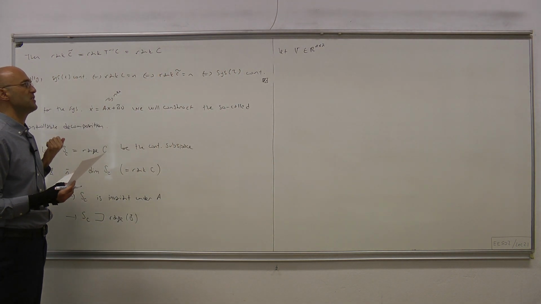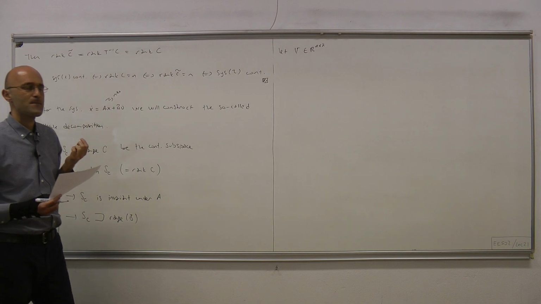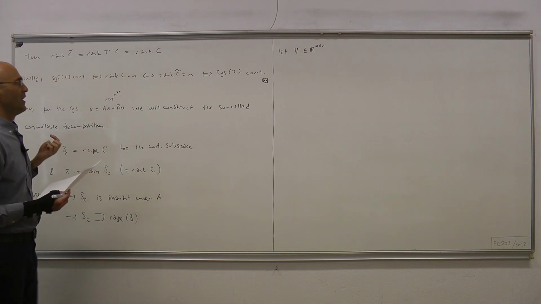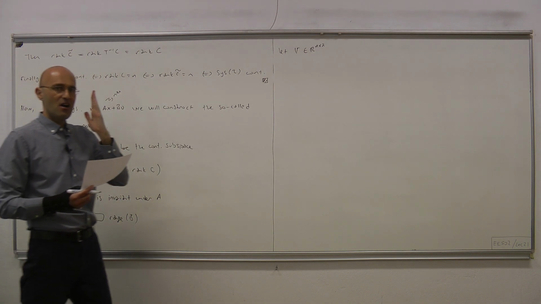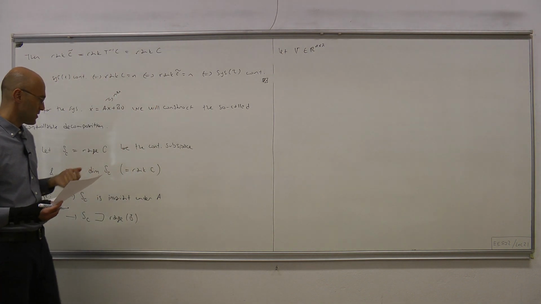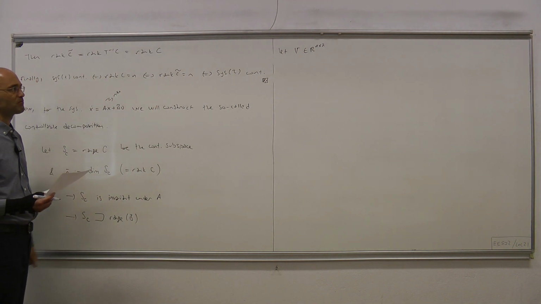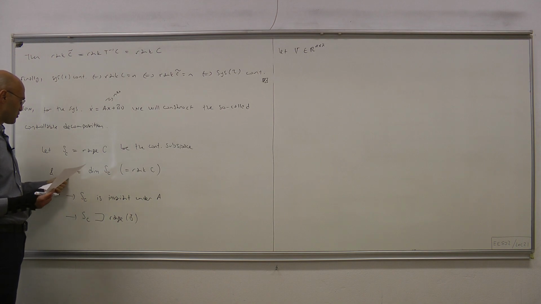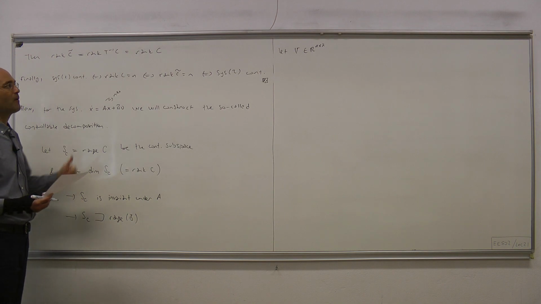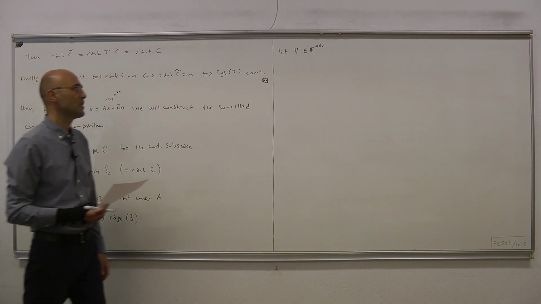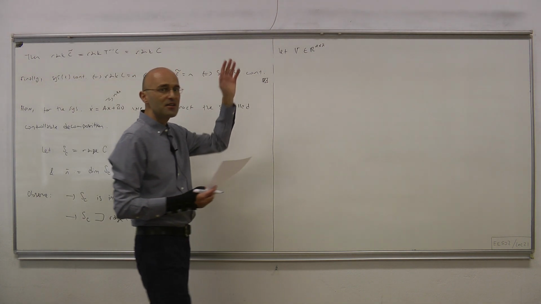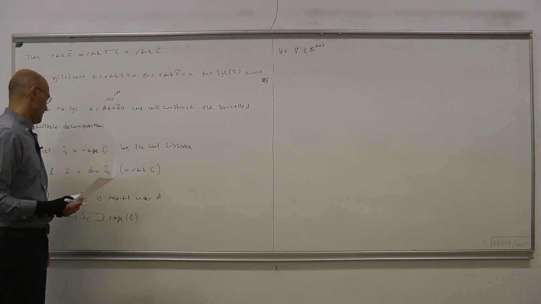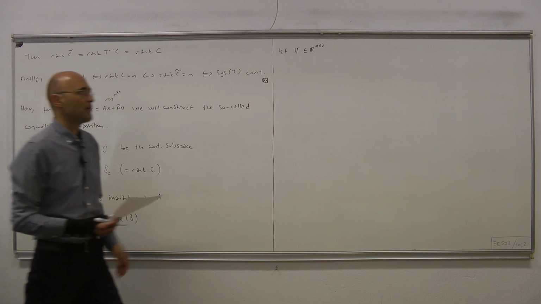So V is an n by n bar matrix, and that matrix is such that its columns make a basis for the controllable subspace. Since the dimension of the controllable subspace is n bar, such a matrix exists. In fact, there are many such matrices. We just pick an arbitrary one.